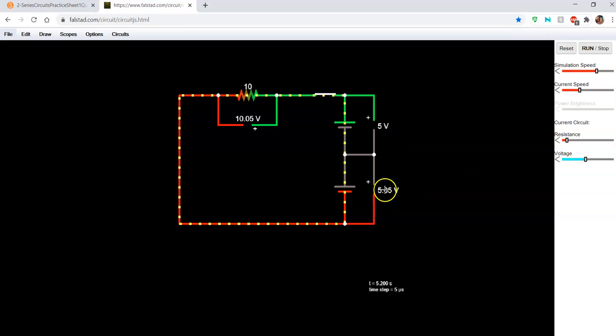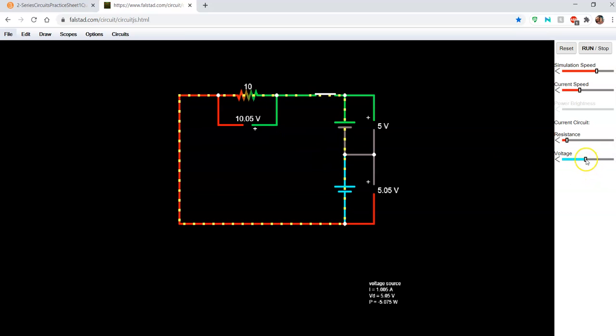Okay, so I increase my voltage to 5.05. At the same moment that I was increasing my voltage on battery number 2, the voltage right here through my load increased to 10.05 volts.